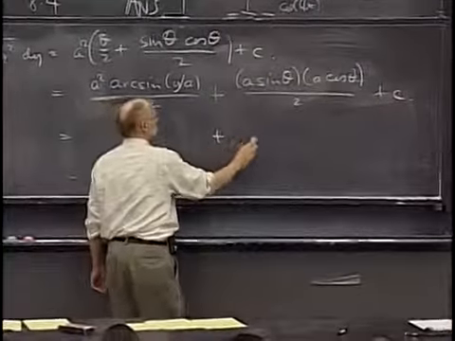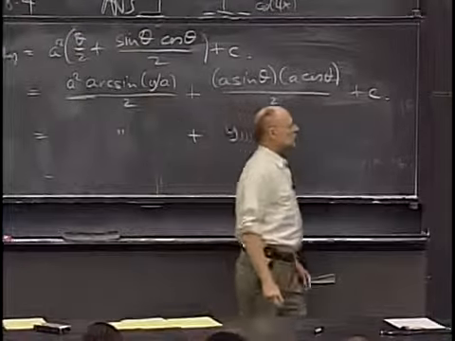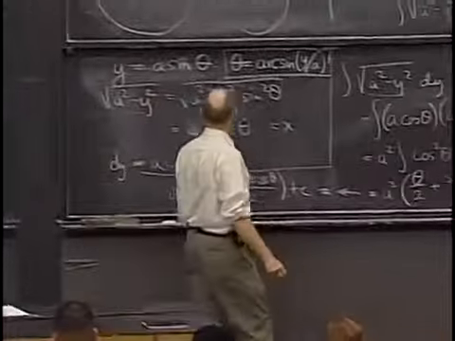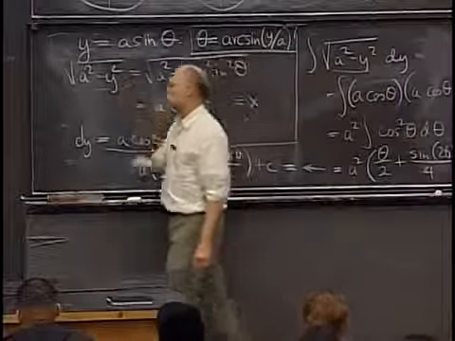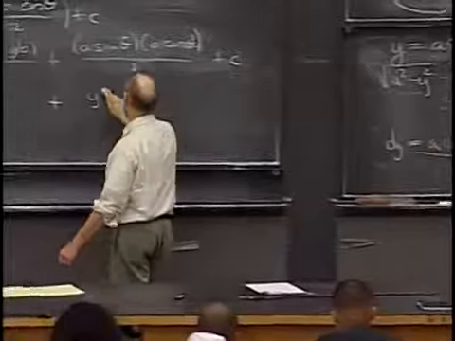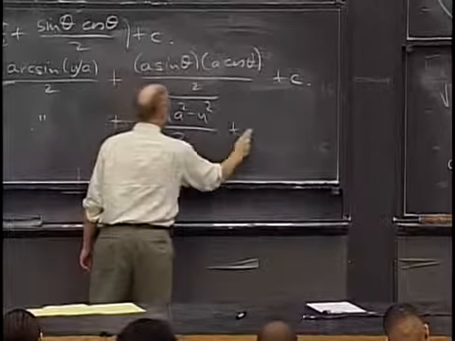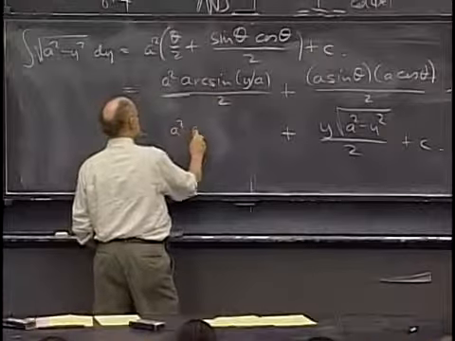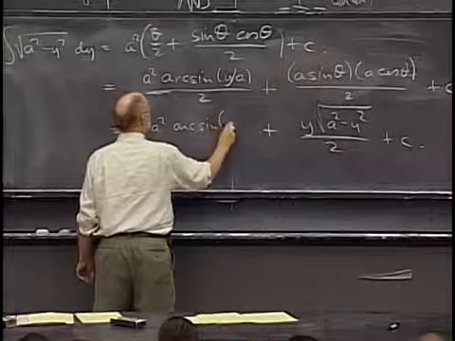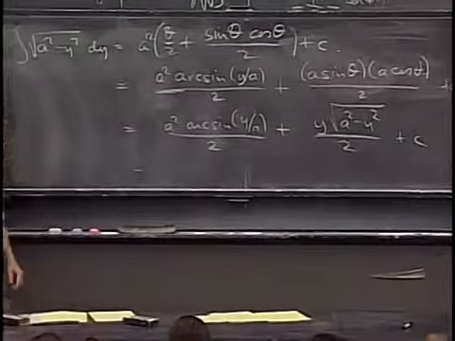And so I get the same thing. Here, a sine of theta, that's y. And what's a times the cosine of theta? It's x, or if you like, it's the square root of a squared minus y squared. And so there I've rewritten everything back in terms of the original variable y, and there's an answer.